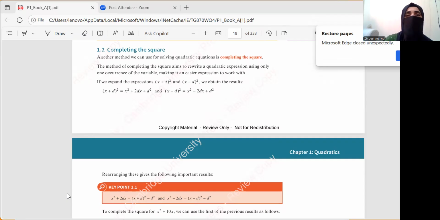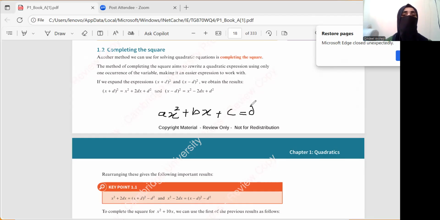A quadratic equation is any equation of this form, which I'm writing here: ax squared plus bx plus c is equal to 0. Here a, b, and c are numbers that vary from equation to equation.